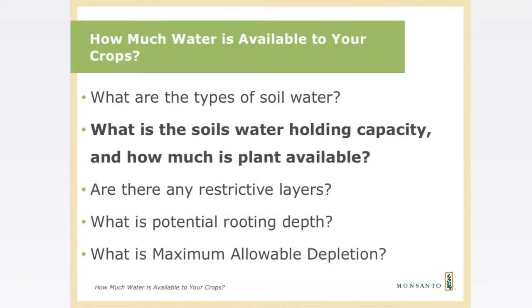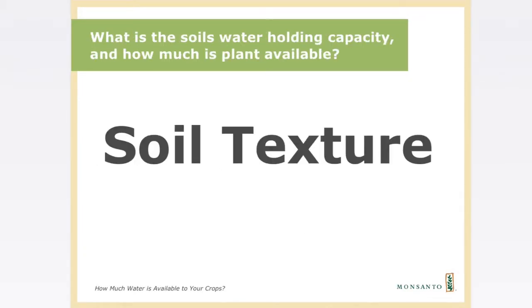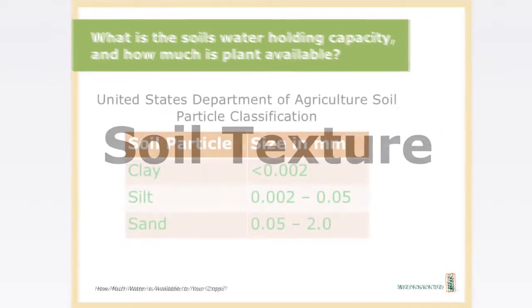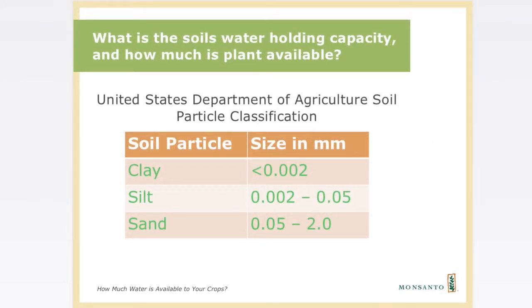The next thing I want to talk about is what is the soil's water holding capacity and how much is plant available. The main factor that we normally talk about in terms of soil water holding capacity is the soil texture. Soil texture is defined by the different mineral particle sizes that are in the soil. Clay particles are the smallest, then you have the intermediate silt particles and the much larger sand particles.